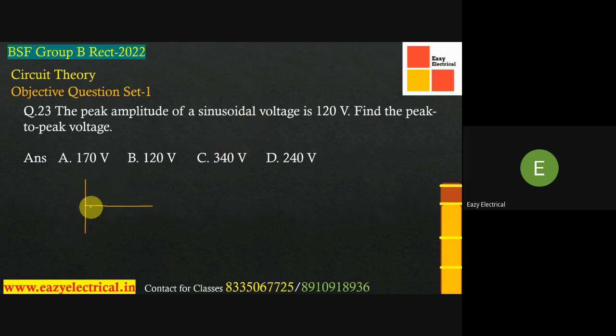See, if this is called peak then this is called peak to peak. If it is 120 volts, then the total will be 240, right? If this is plus 120, then this will be minus 120, right or not? Now coming to next question.